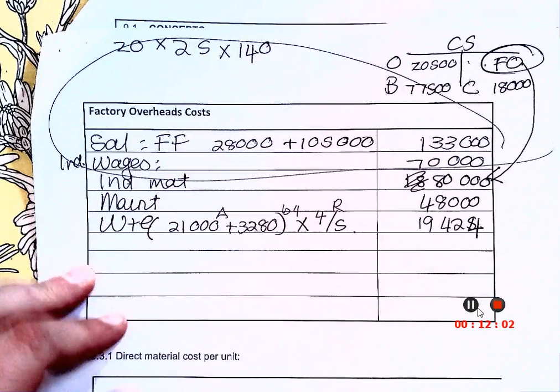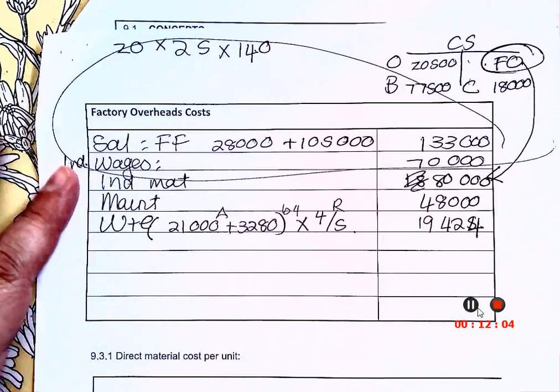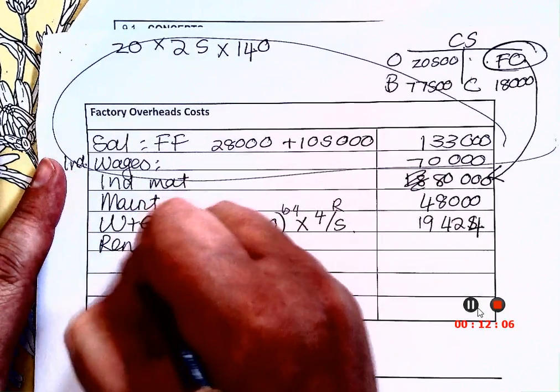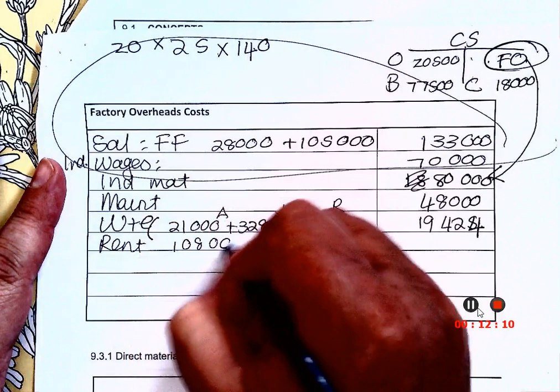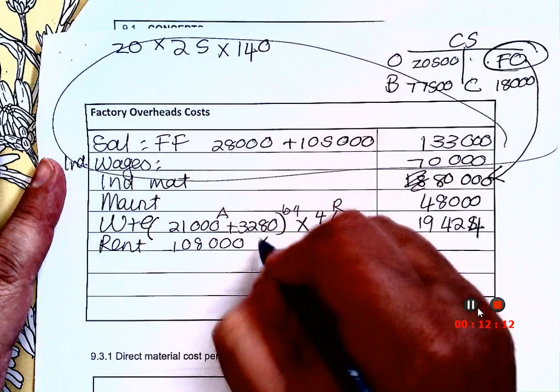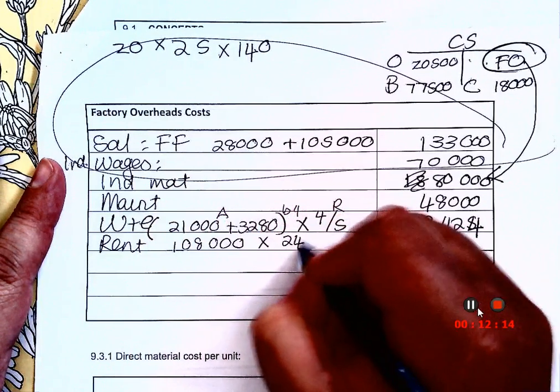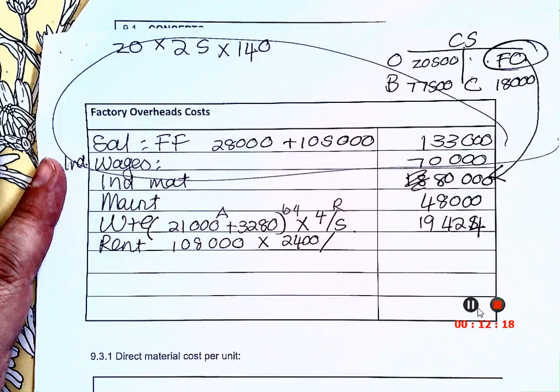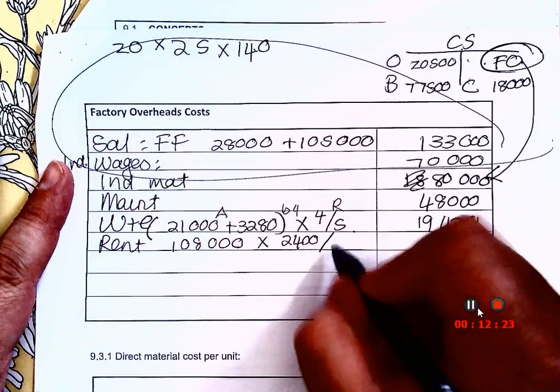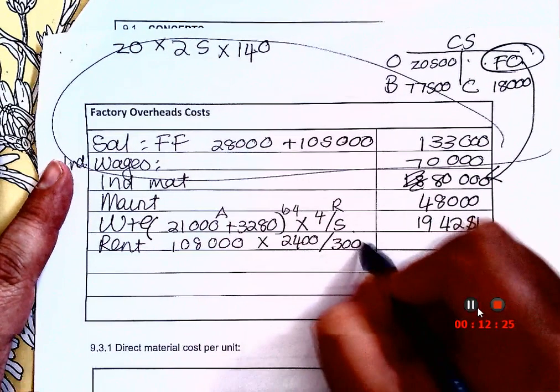Okay, next one. Rent, 108,000. Must be distributed according to floor space. The factory does 2,400, and selling and distribution takes the remaining 600. So the floor total is 3,000.